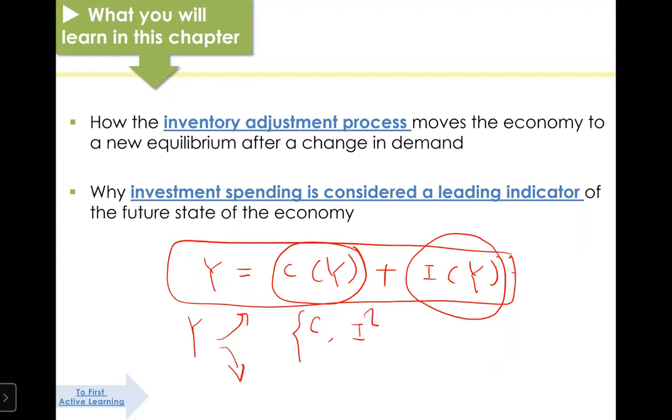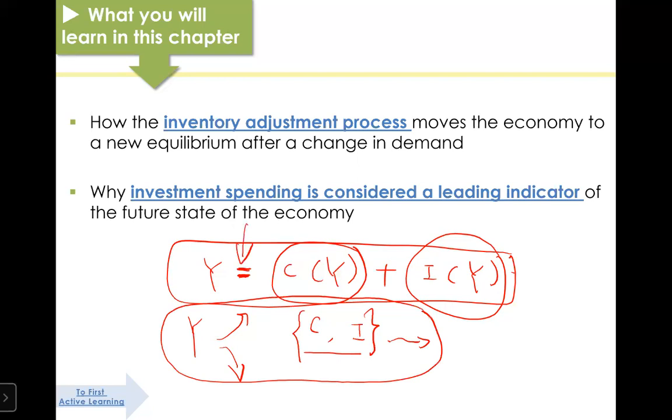Once this changes, it is going to break this equality. That just means you're going to see an adjustment process, or you're going to see a particular Y such that this is true.